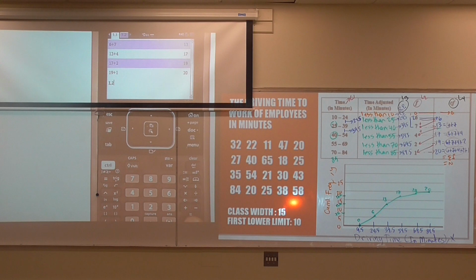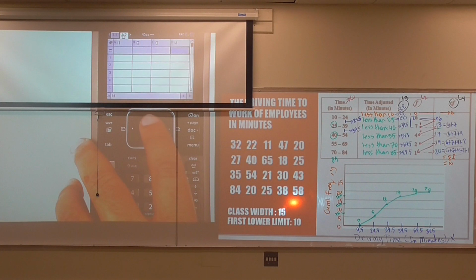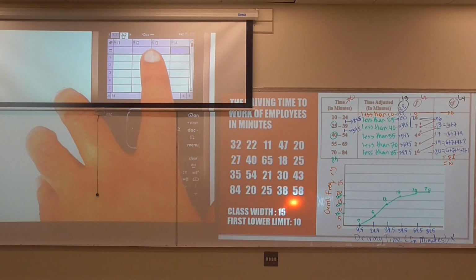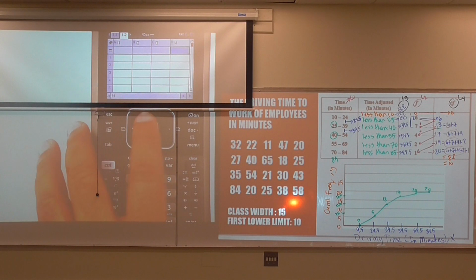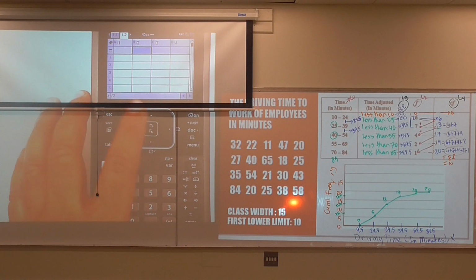List 2, when we enter it, it's empty. Then we come over here at that label. Let me make sure it's list 2, it might be different. List 2, enter. It is list 2.